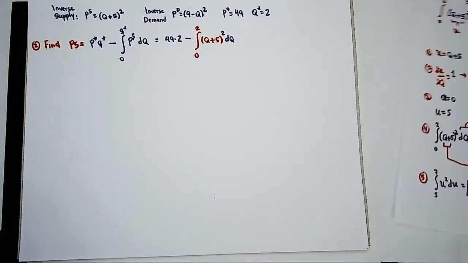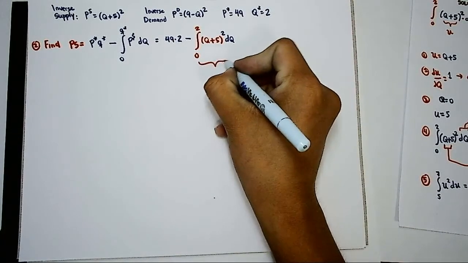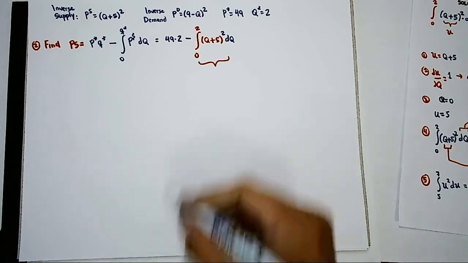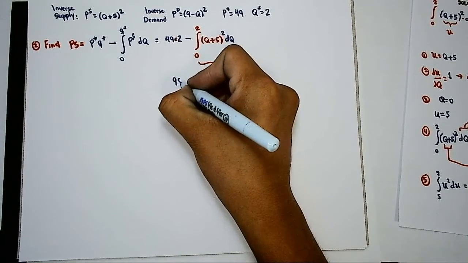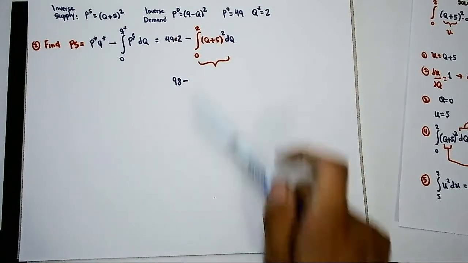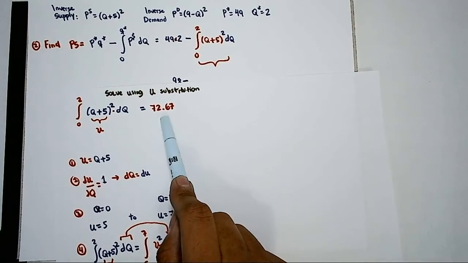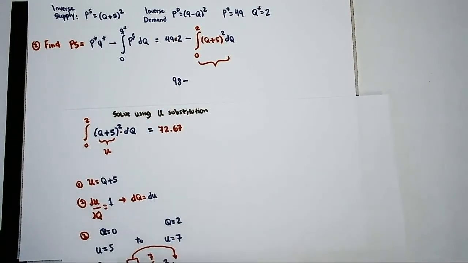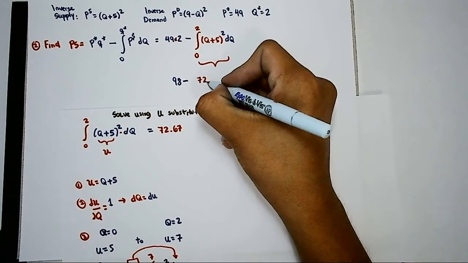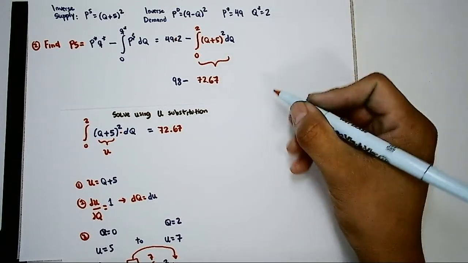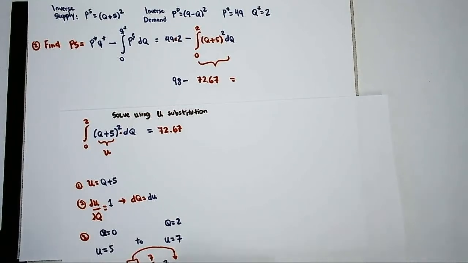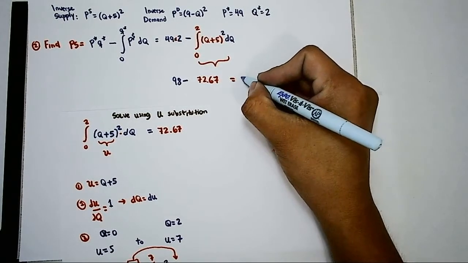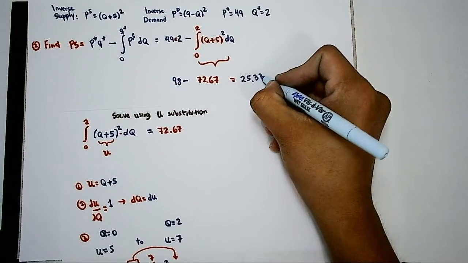So we had 49 times 2, which is equal to 98, and this integration results in this numerical value, 72.67, which gives 25.33.